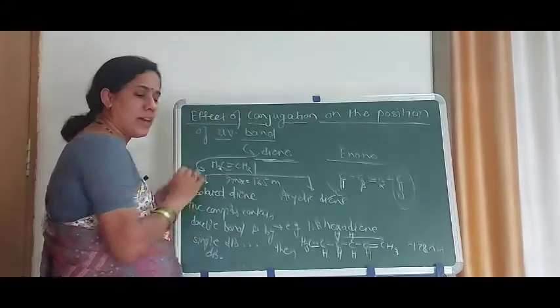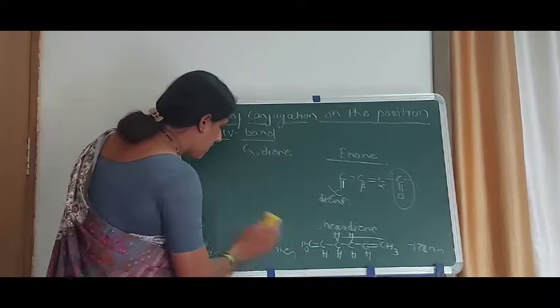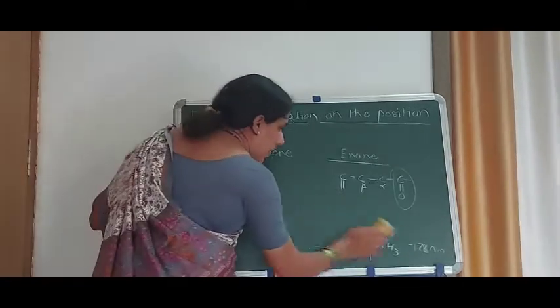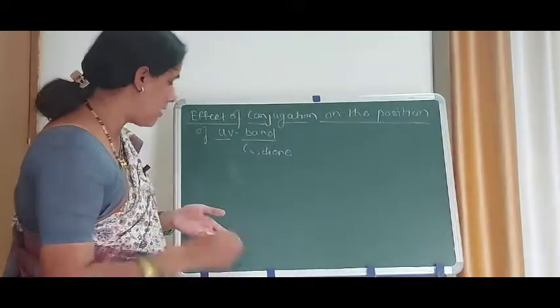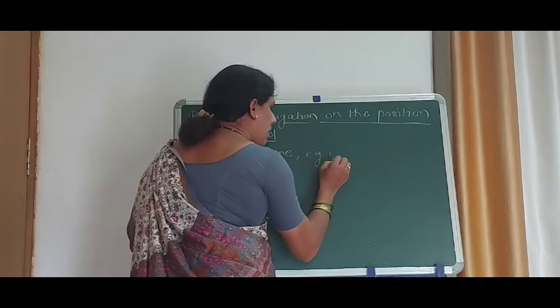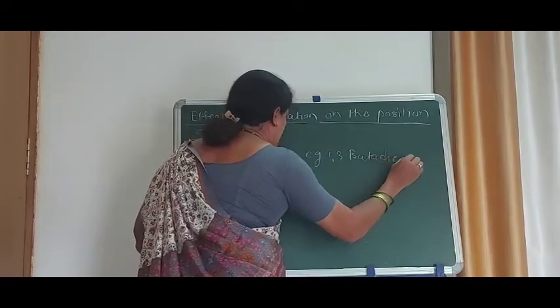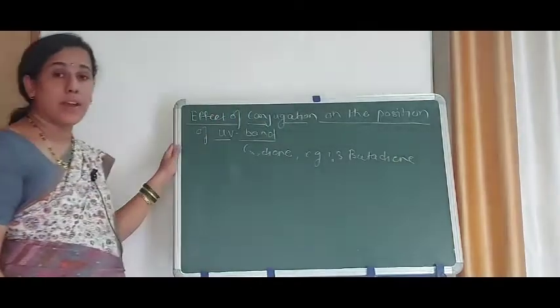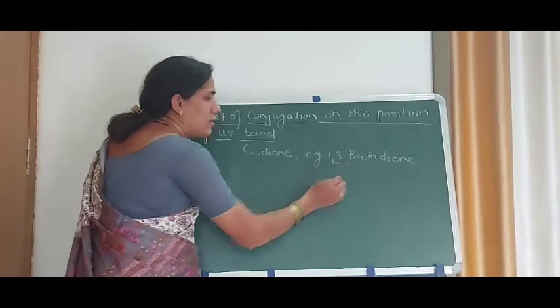Now a simple example of a diene: in the problem we have to identify only the dienes. A familiar example of a diene is 1,3-butadiene. It is seen in a number of reactions like the Diels-Alder reaction.